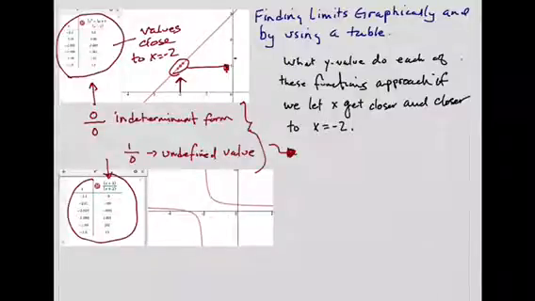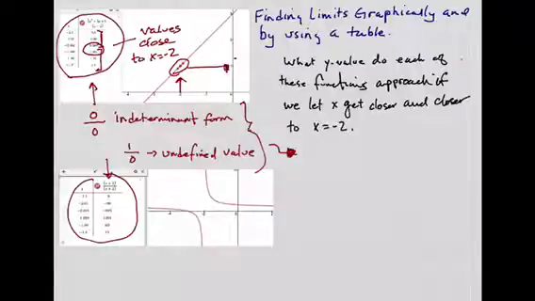And if you look closely at those values, both from the left-hand side as well as from the right-hand side, or maybe I should say left of negative 2 and to the right of negative 2, all those values seem to be getting closer and closer to positive 1.